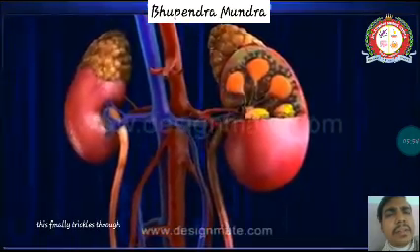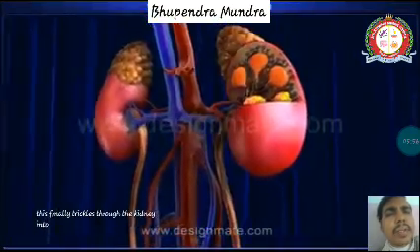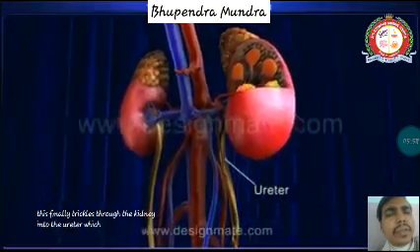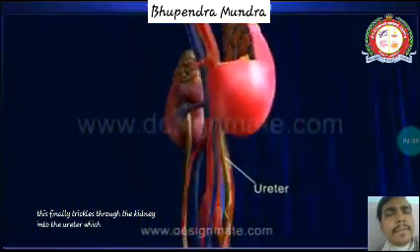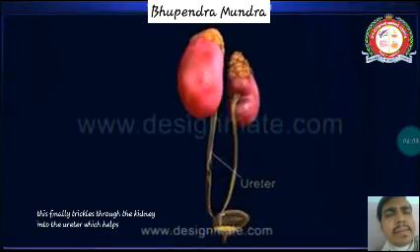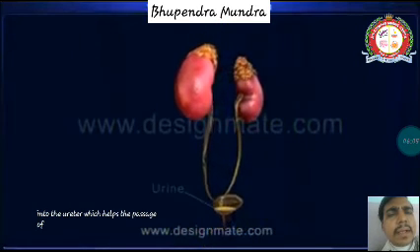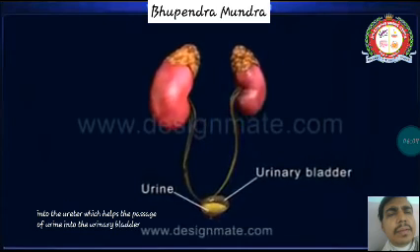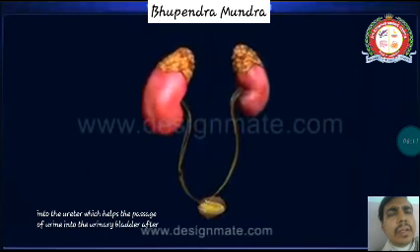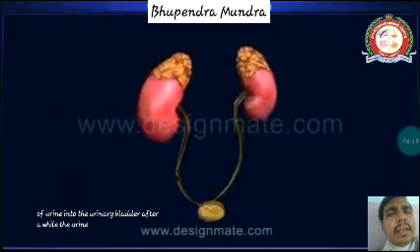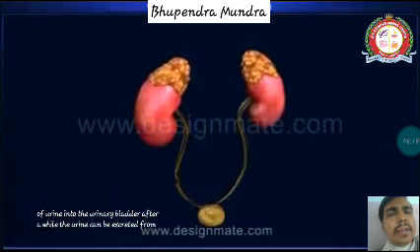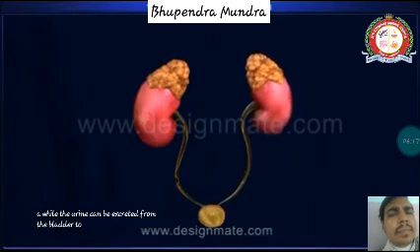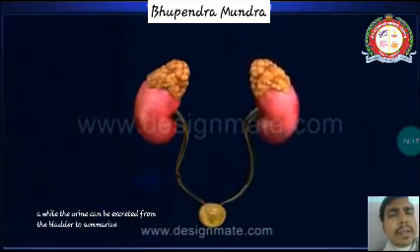This finally trickles through the kidney into the ureter, which helps the passage of urine into the urinary bladder. After a while, urine can be excreted from the bladder.